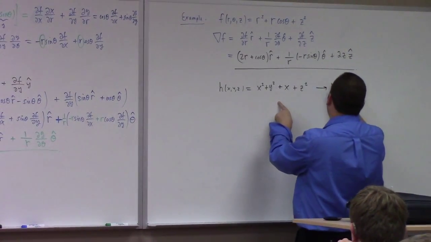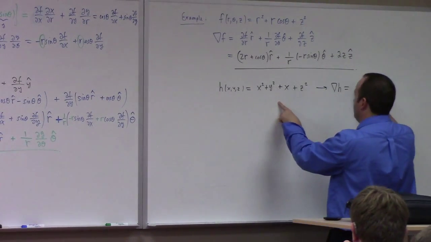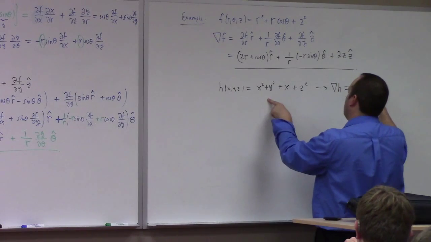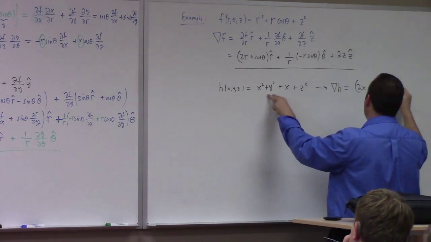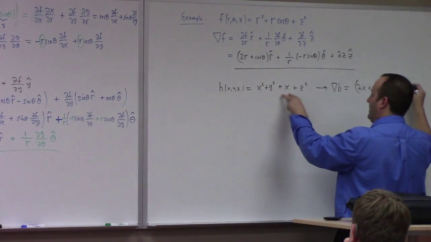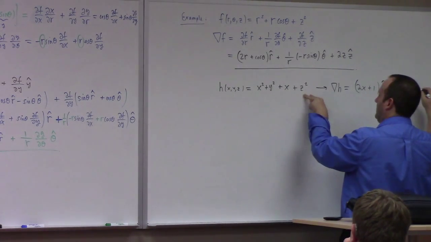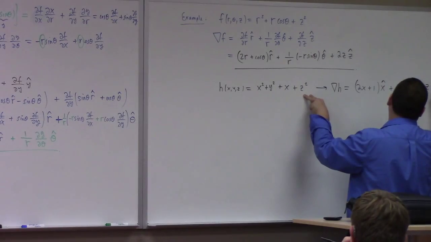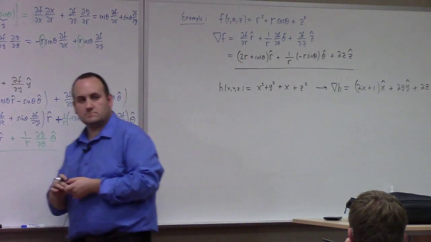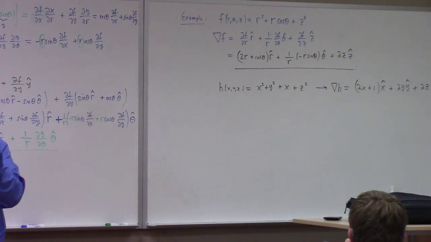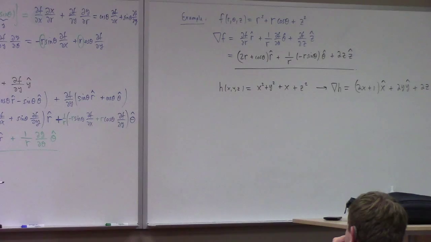So that gives me a gradient of h. I've got 2x plus 1 x hat, right? Plus 2y y hat plus 2z z hat. So this example is probably easier in Cartesians.